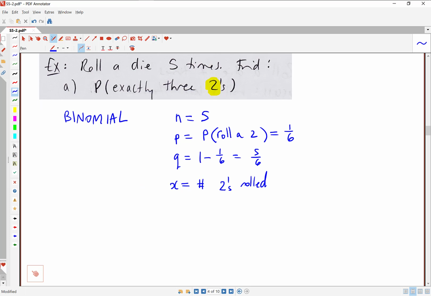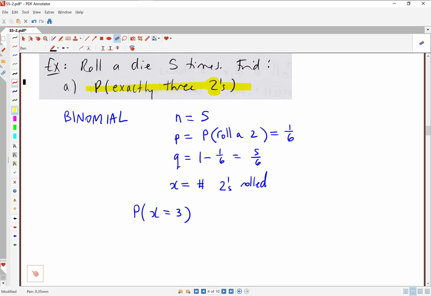And the value of writing that down is now we can rephrase the question symbolically. We can say the probability that we get exactly 3 2s is the probability that X equals 3. Because what X is doing is recording the number of 2s that are rolled. So if we want to roll 3 2s, we're saying we want X to equal 3. All right, so we're going to try to calculate the probability that X equals 3.